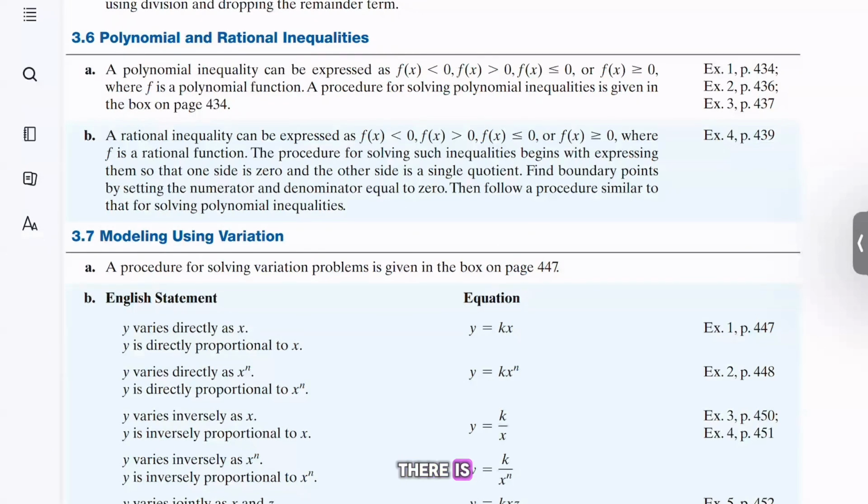There is a little bit of a connection to variation when you are doing predictions. There's a part of calculus where you need to predict what is going to happen to the function.